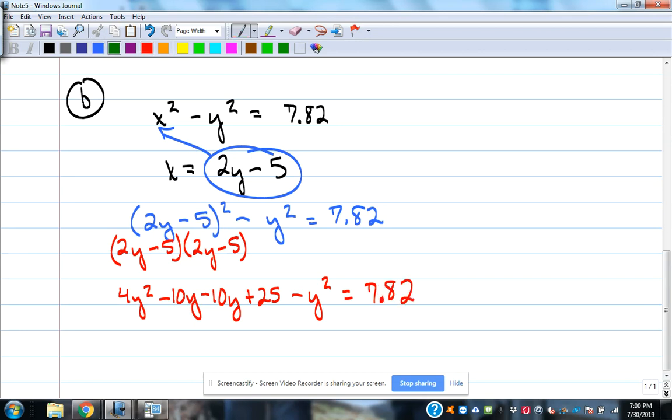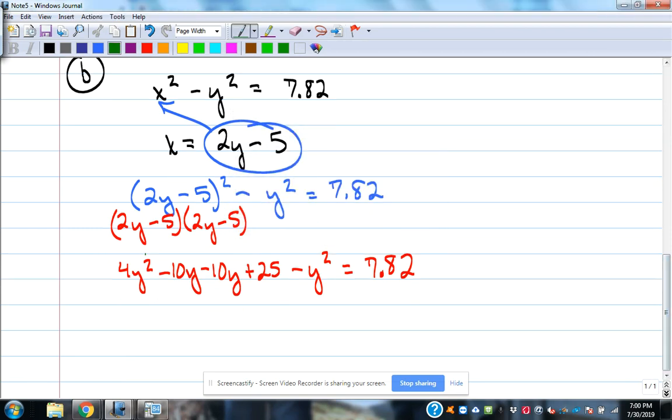And now I have to simplify that left-hand side and get everything together that's like terms. So I've got y squared and negative y squared. That'd be 3y squared minus 20y plus 25 is equal to 7.82.